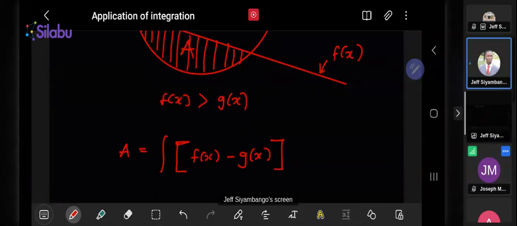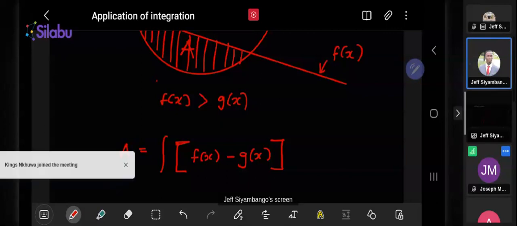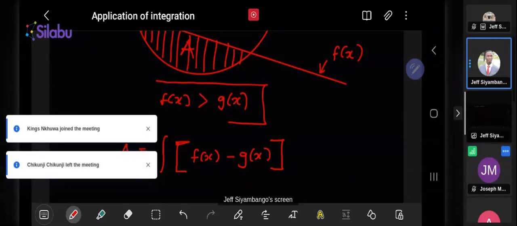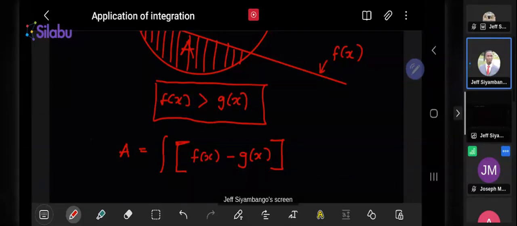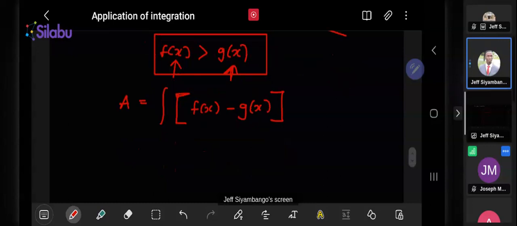But what you have to see here is that if you solve these functions, let's say f of x is greater than g of x, but you did not see that looking at the functions, because sometimes it might not be easy for you to interpret just by looking at the equation.